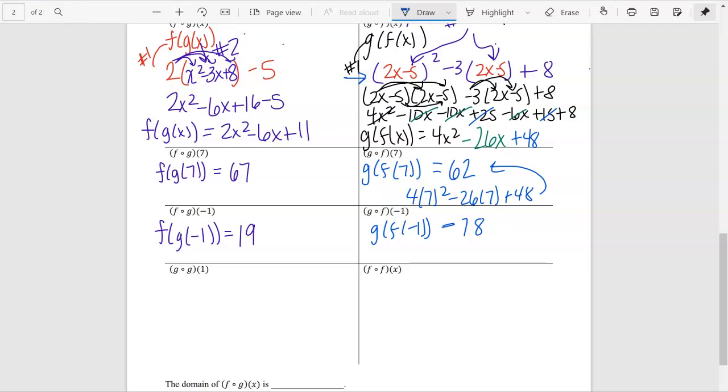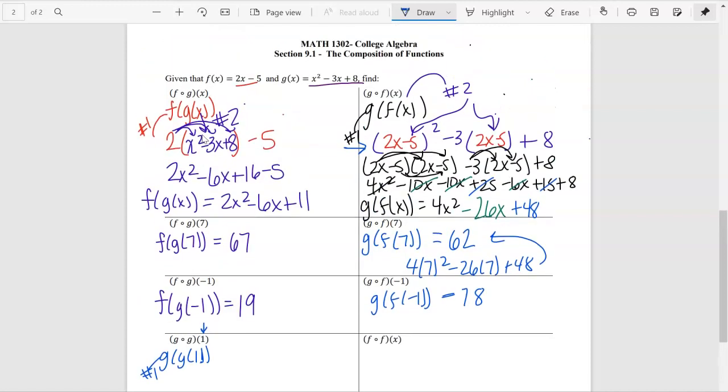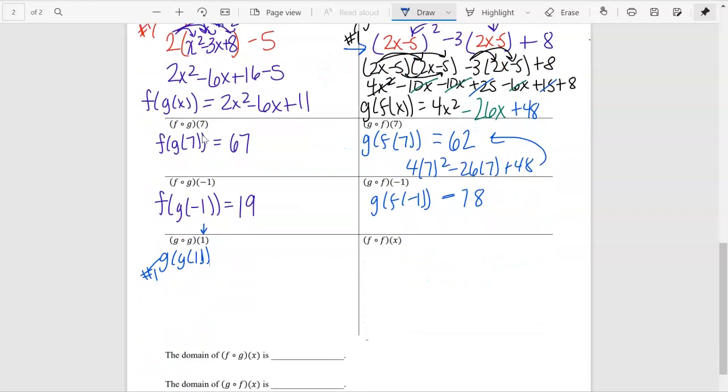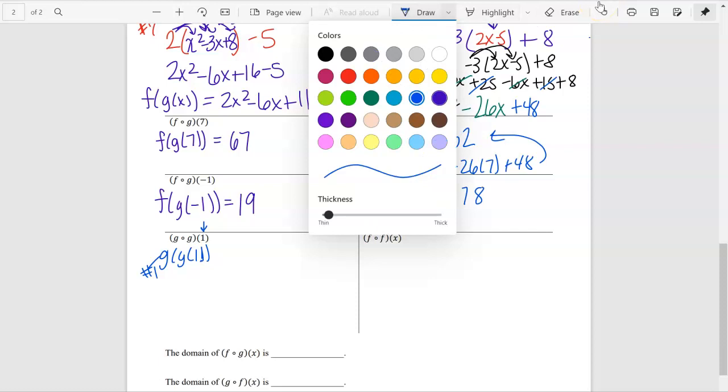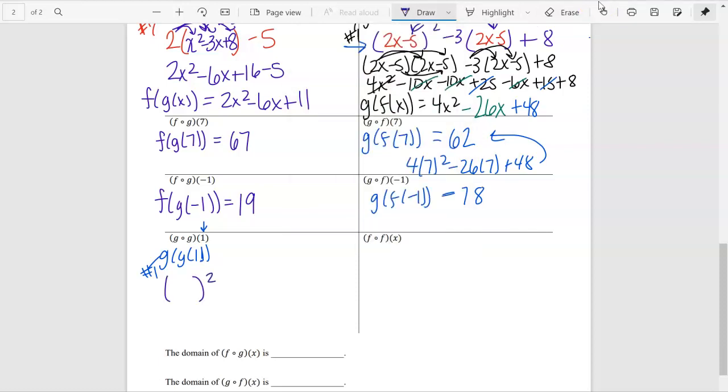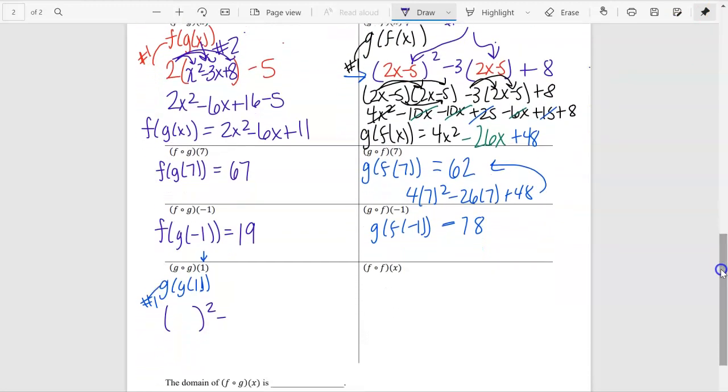For this last part, this is one that we could do on the calculator because we do have a number here. It's g of 1. So I know that I'm going to start out with my function that is g. And g is x squared minus 3x plus 8.